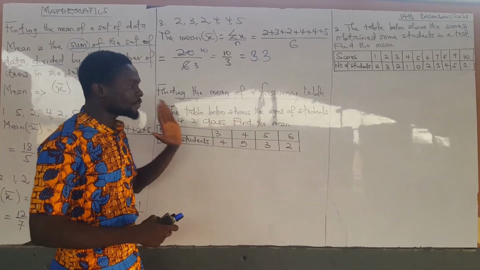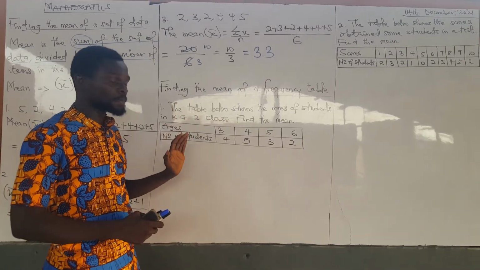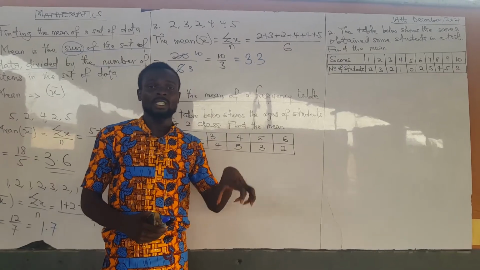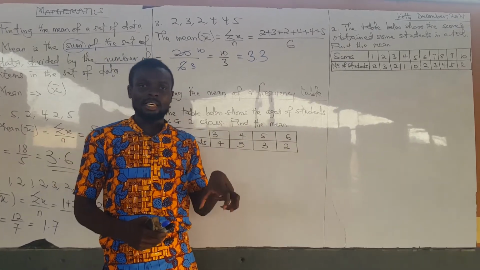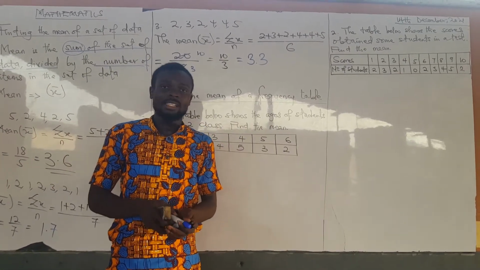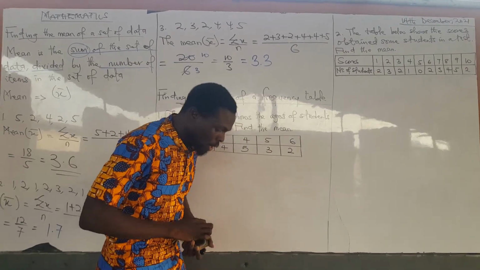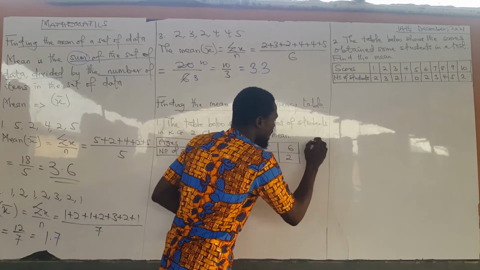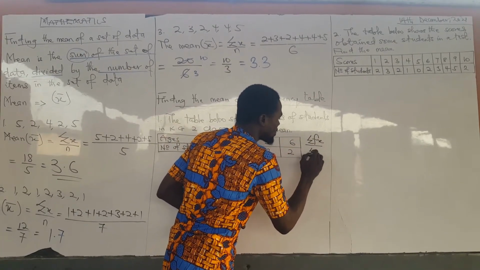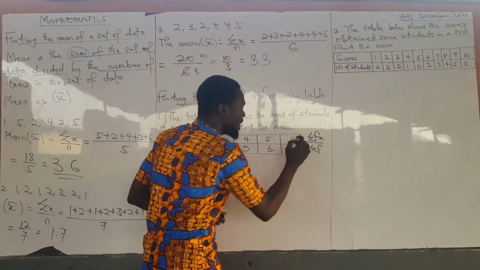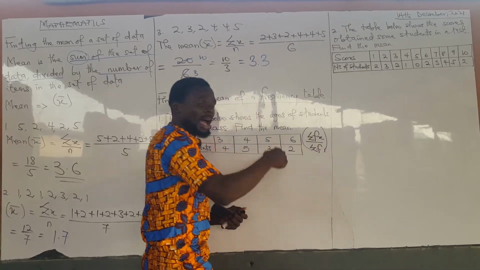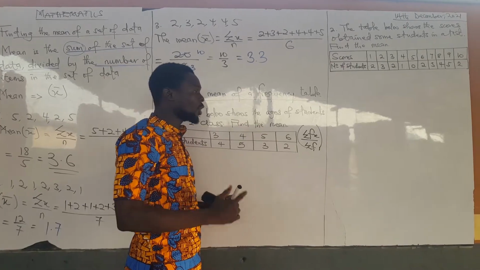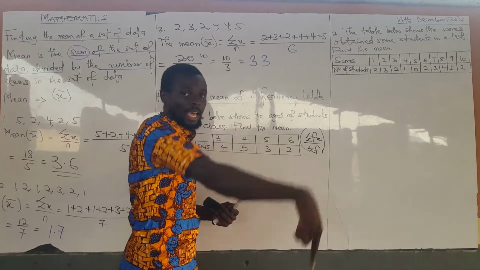When it comes to the frequency distribution table, to find the mean, we use a formula which is stated as sigma fx over sigma f. We use the formula which states that sigma fx over sigma f. So we have to look for sigma f, and also look for sigma fx.